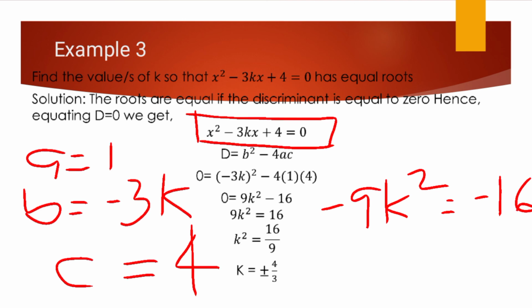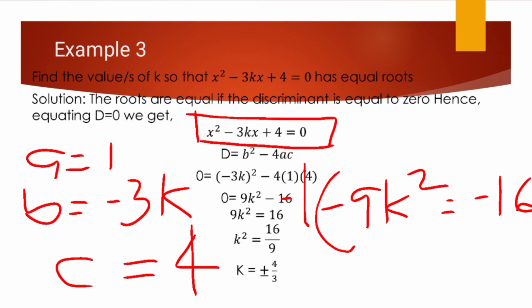So, dividing or multiplying the equation by negative 1, so it will become 9k squared equals 16, positive 16.